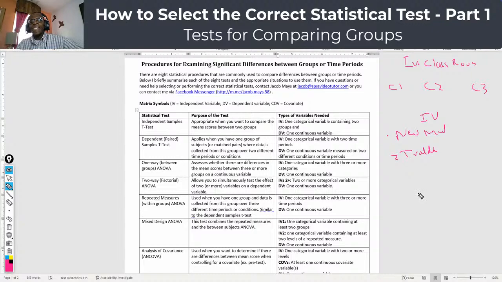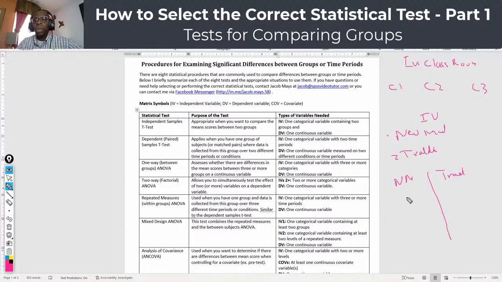All right? So now what we have is this. We've got new math and then traditional. Right?